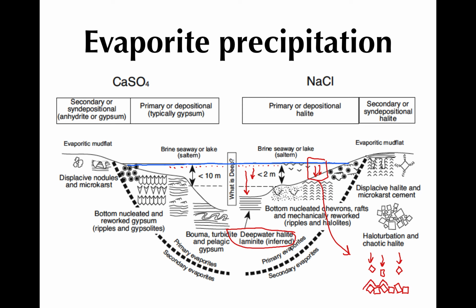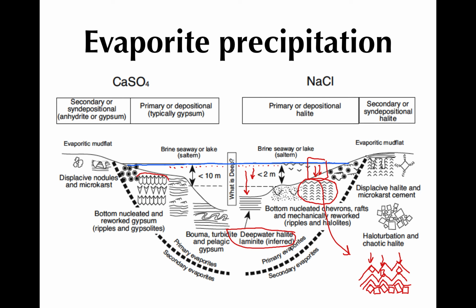And eventually they overwhelm the growth of everything else. And so commonly what you get in a halite deposit and a gypsum deposit that has grown from the bottom upwards is this pattern of growth. It's called a chevron pattern. That's what it looks like with halite.